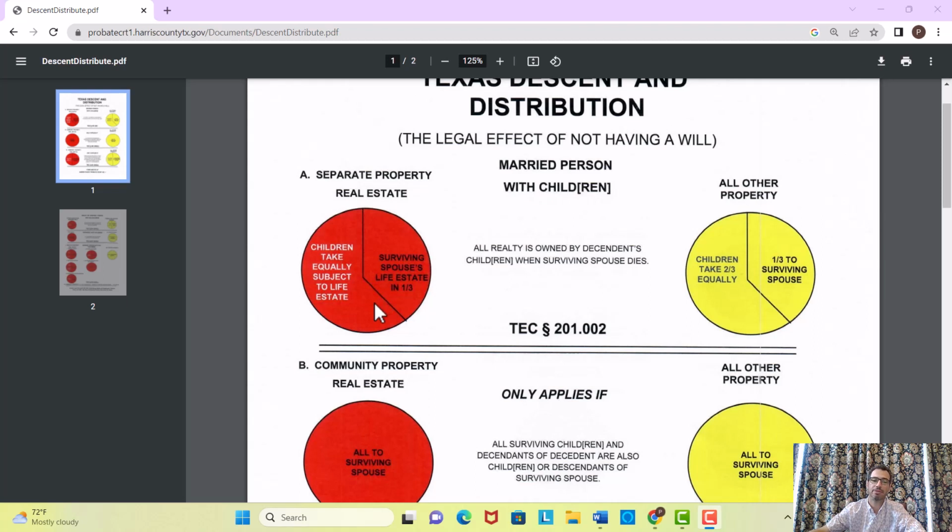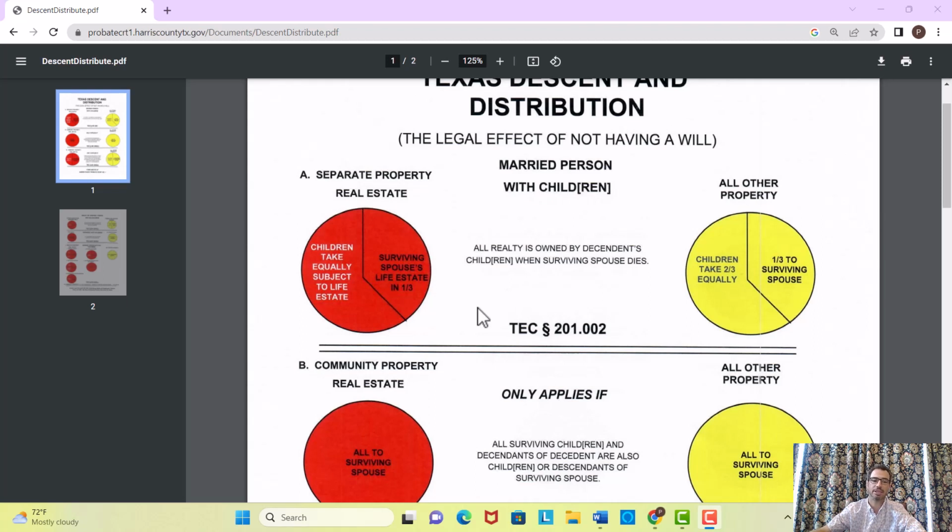When that surviving spouse dies, the children will own all of it, but that's subject to a surviving spouse's life estate in one-third, basically what they call a one-third life estate. That's extremely difficult to quantify in Texas, but if you're a surviving spouse and your deceased spouse owns separate property, then you have a one-third life estate, which is some type of economic interest.